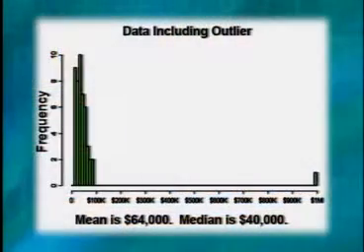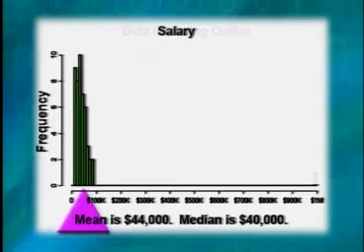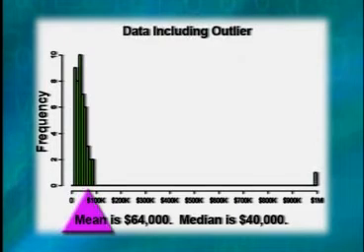So the effect of that one salary, including that CEO salary, is that the mean now is $64,000, whereas without the salary of the CEO, it was only $44,000. So that one salary change made a big impact on the mean.